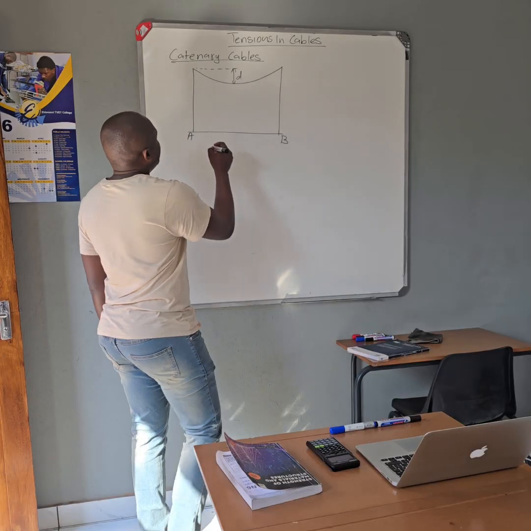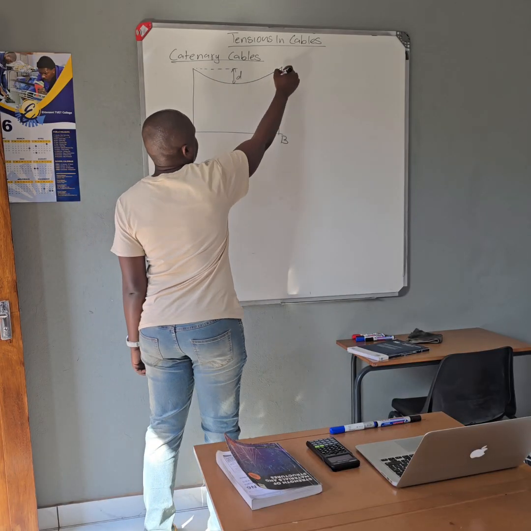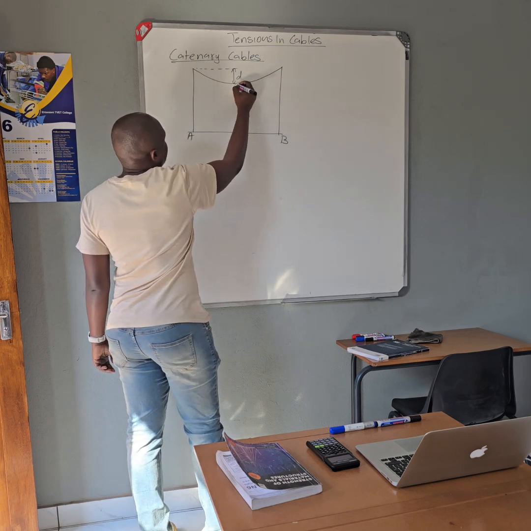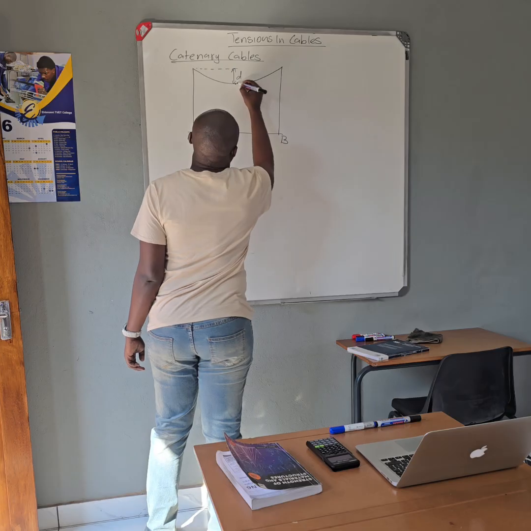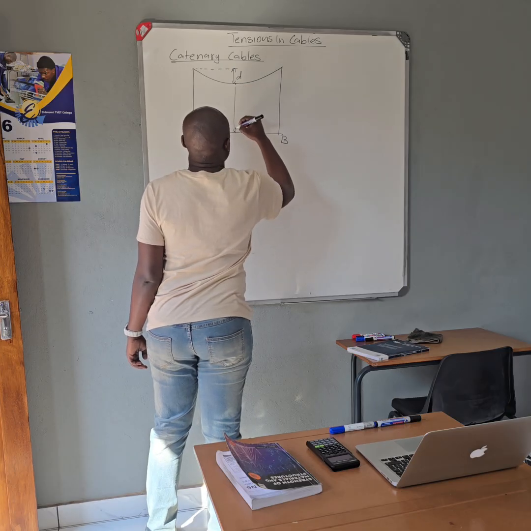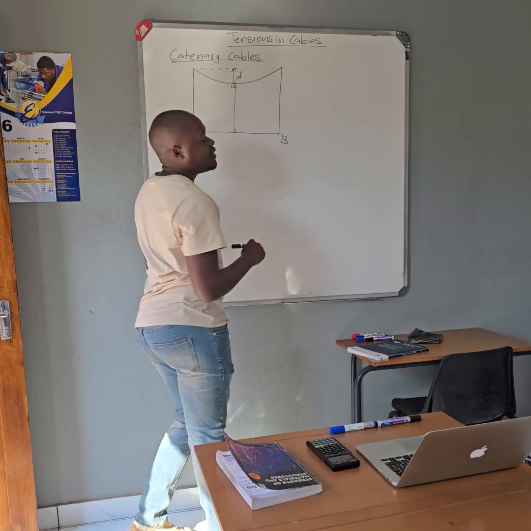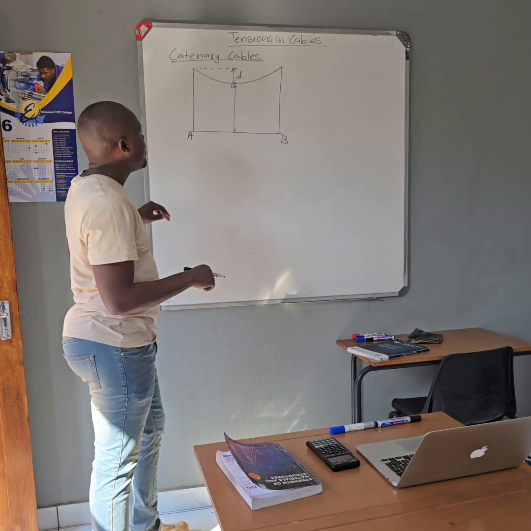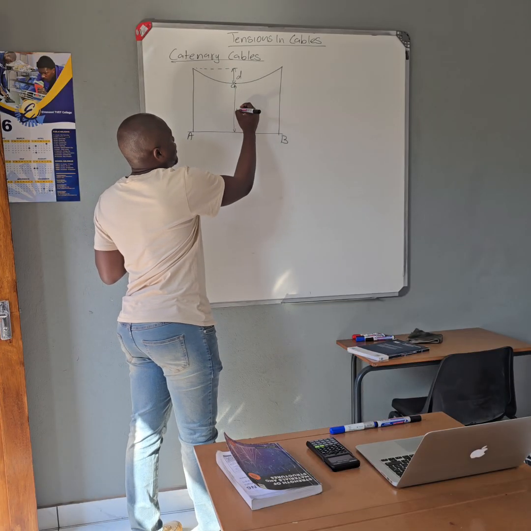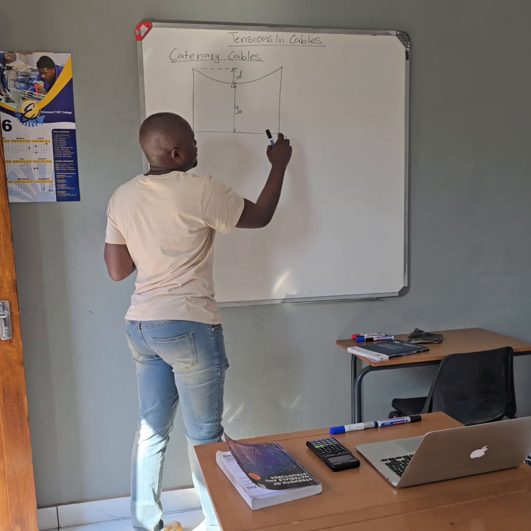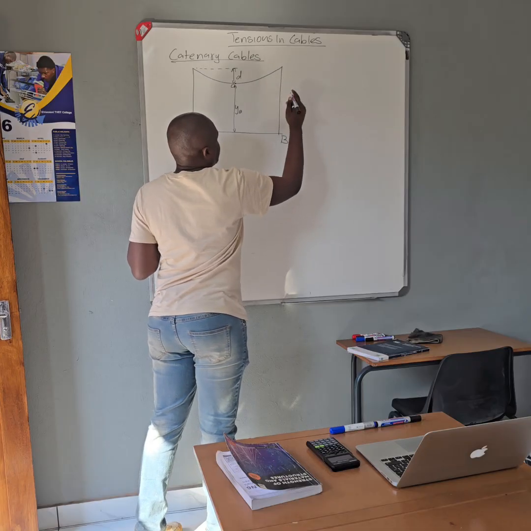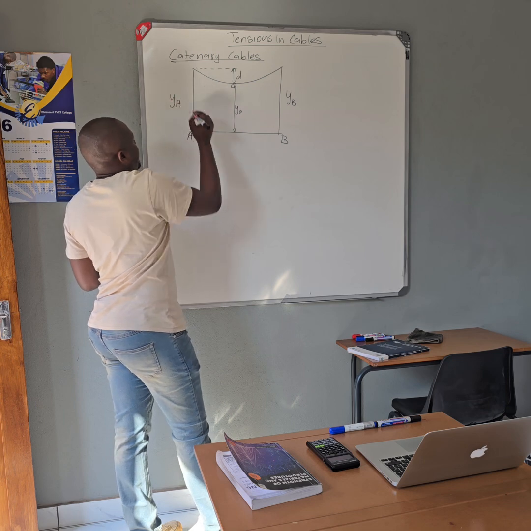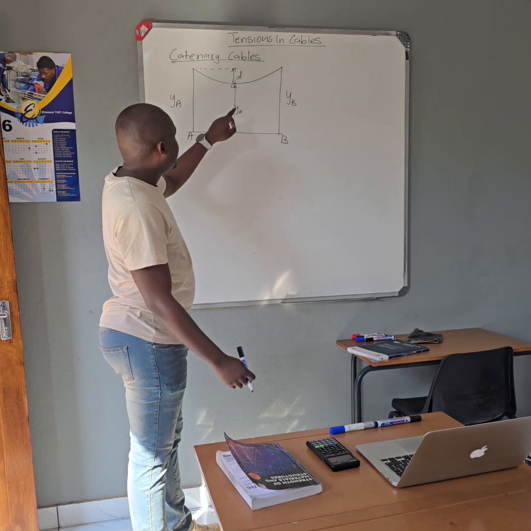Then we also have the length of the cable from this support to that support. Here, this is going to be the center, let's call our center O. At the center, we have point O, which is the turning point of the cable. The distance from the ground to there, let's call it YO, and the height of this support, let's call it YB, and the height of the other support, YA.